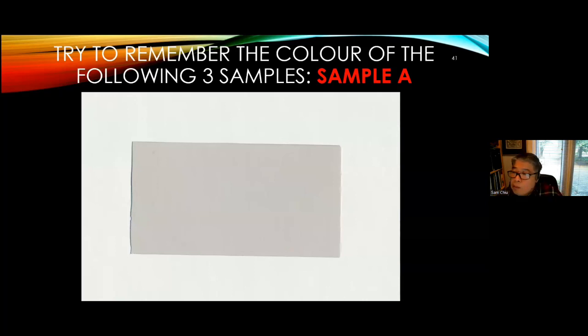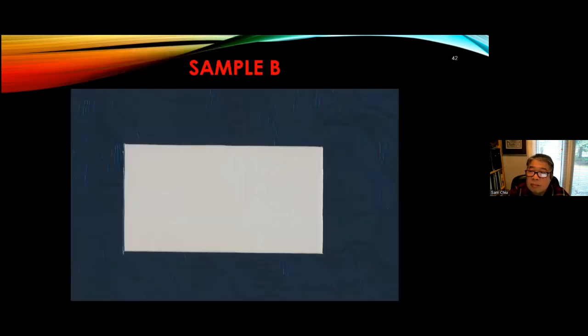Okay, now comes a test. I'm going to show you 3 different color chips. Try to remember the 3 chips that I'm going to show you. This is specimen A, sample A. This is sample B. Okay, I'll give you another crack at it.